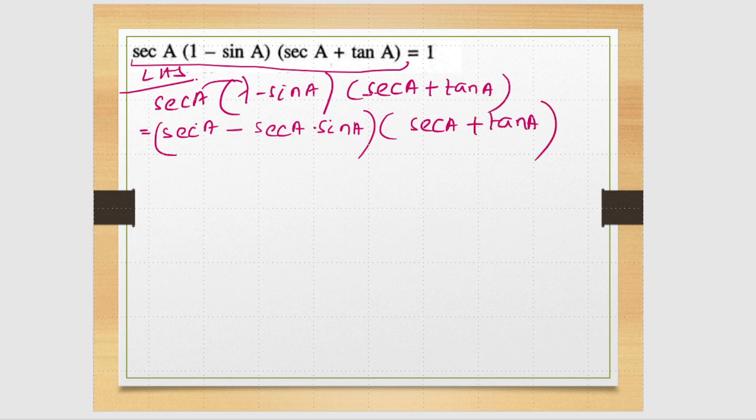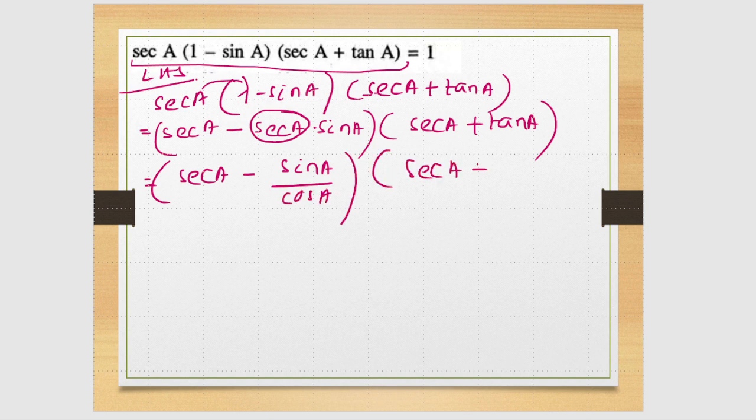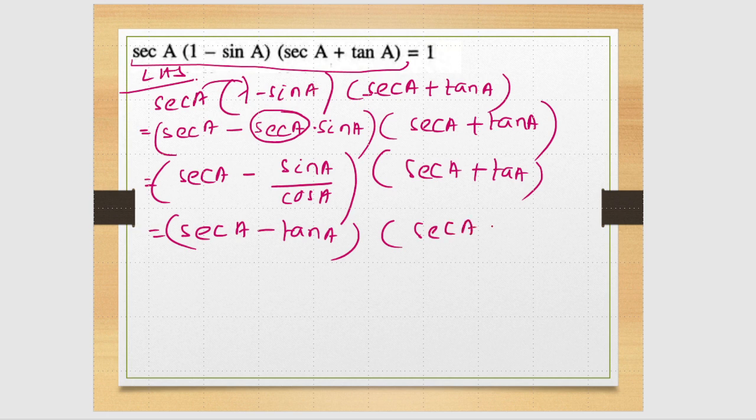So students, see carefully. Sec A means 1 by cos A. So now write sec A minus sin A by cos A, over sec A plus tan A. Got it? So now see here, sec A minus tan A, sec A plus tan A. Again, here a plus b, a minus b, you can check.